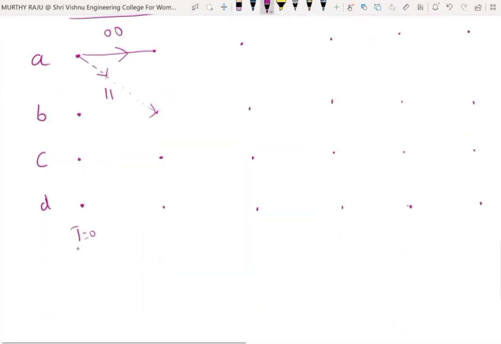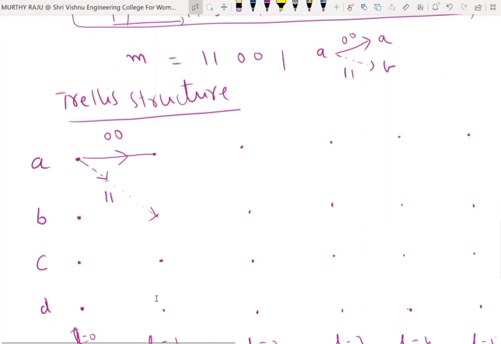This is the L is equal to 0, L is equal to 1, 2, 3, 4, and 5. Here two possibilities are there. A to A.